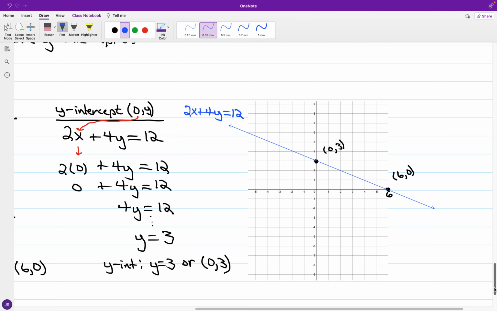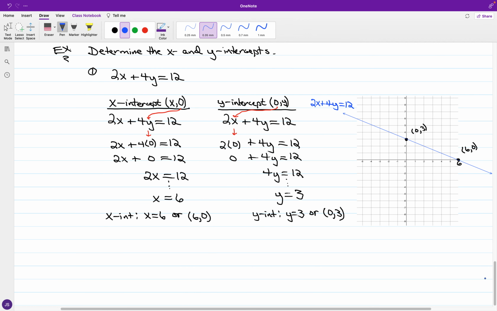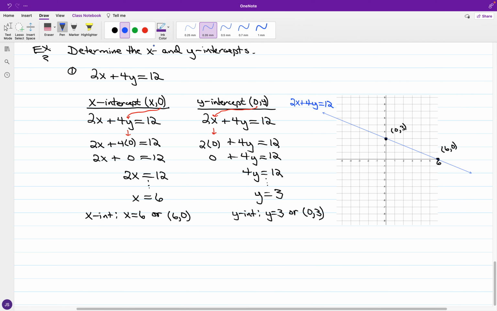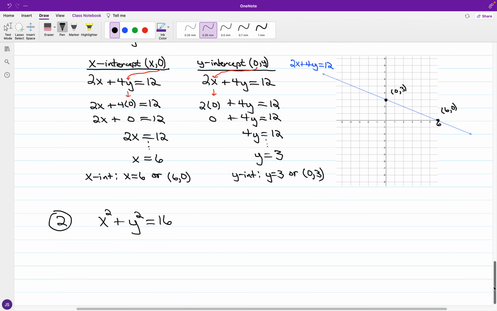And for intercepts, they don't have to apply to just functions or straight lines. You can also have another case, and we'll say that we have something that is nonlinear or not a straight line. Let's say we have x squared plus y squared is equal to 16.